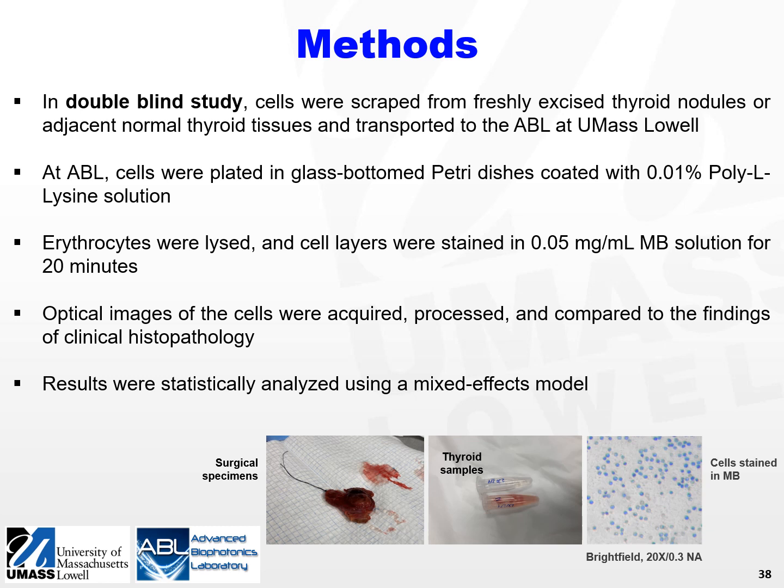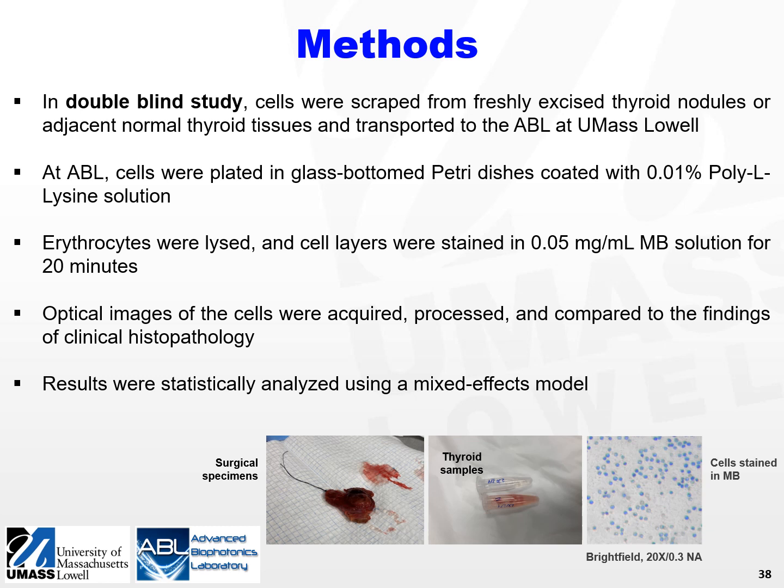This was a double-blind study, meaning that researchers from the Advanced Biophotonics Laboratory were blinded to the histopathological diagnosis at the time of imaging and data analysis, and the study pathologists were blinded to the optical imaging results.